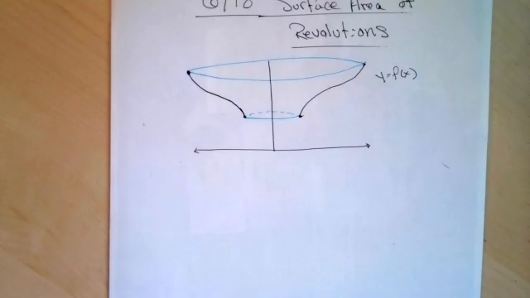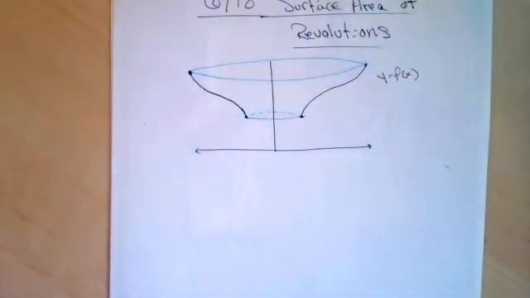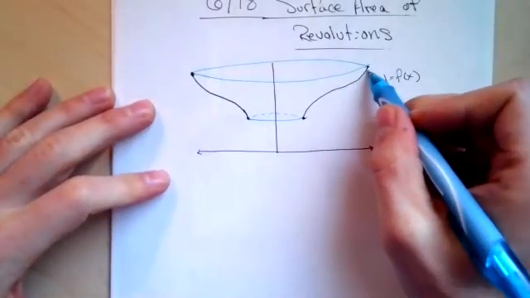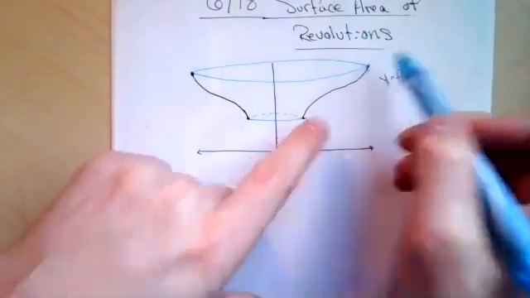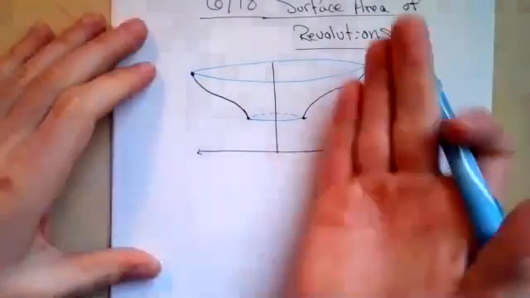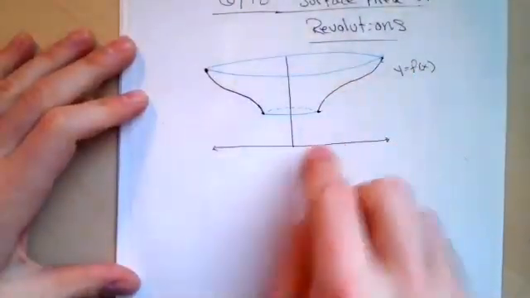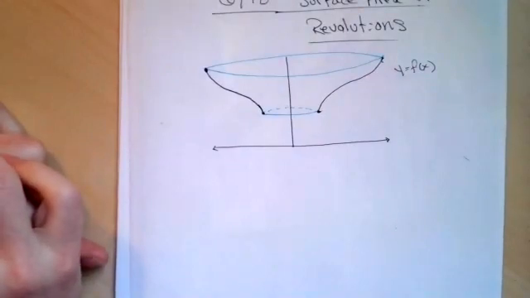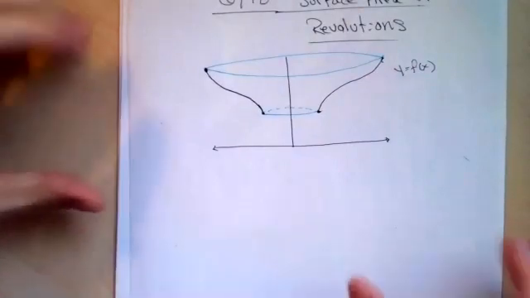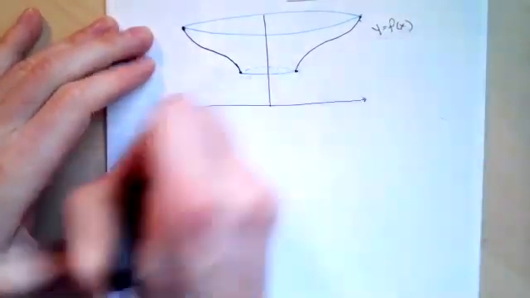And so we've got this kind of bowl shape, but in this case, we are not filling it in. We don't have another curve. We don't have a bounded region. We're not starting with an area. We're only starting with a curve, a one-dimensional object, and then doing this rotational process essentially adds another dimension. So we have this bowl shape, this infinitesimal bowl with this shape determined by the function. And what we want to do is to determine the surface area.